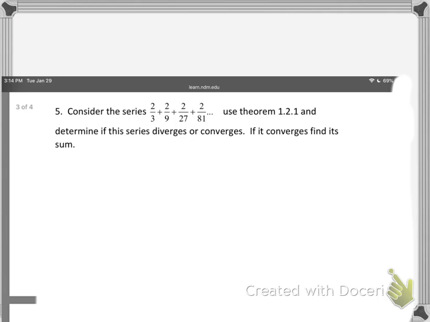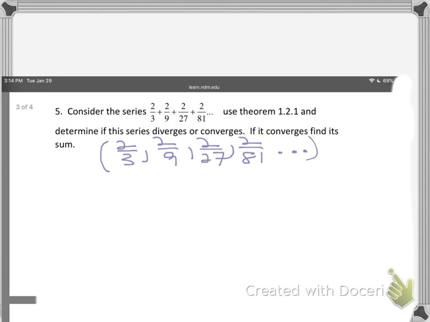Alright, so on this page, I'm seeing the series 2/3 plus 2/9 plus 2/27 plus 2/81. Previously, in section 1.1, this would have been the sequence 2/3, 2/9, 2/27, 2/81, and I would have said, oh, that's geometric, and let's figure out why.